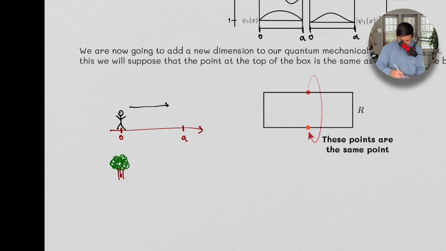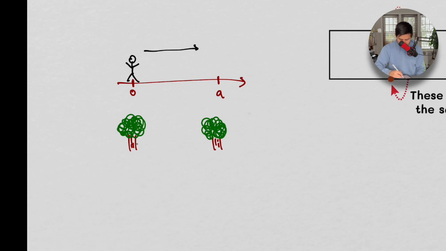All right. You see this tree, and then you walk some distance, and then you see the tree again. I'm not drawing it too well, but this tree looks exactly the same. And maybe to make this a little bit more realistic, say you have a rock right here and a rock right here, and you have a rock right here and a rock right here.